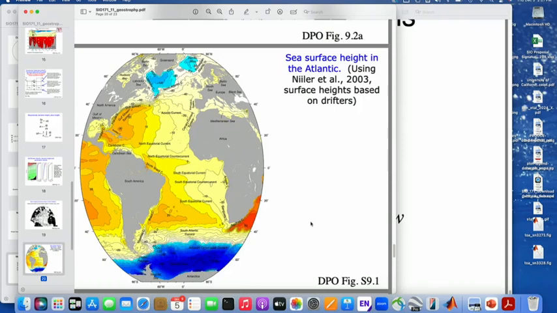Which direction is it going? I'm going to ask you questions like this. I don't know which map I'm going to show you, but I'm likely to show you a map, and then we'll go through that.